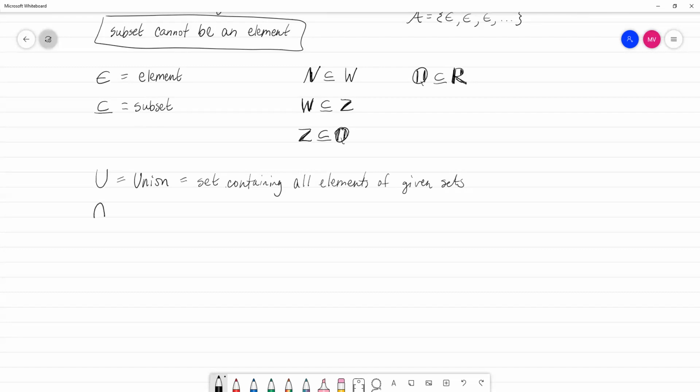And then you have intersection, which is a set containing the elements in both given sets.